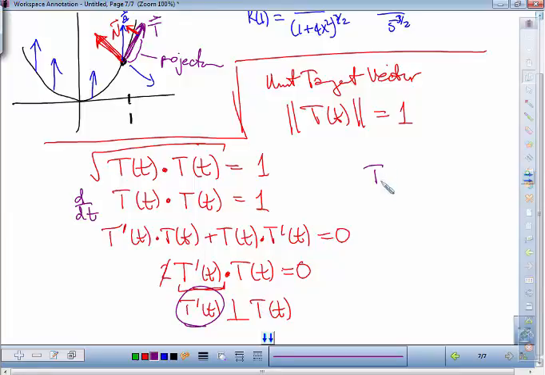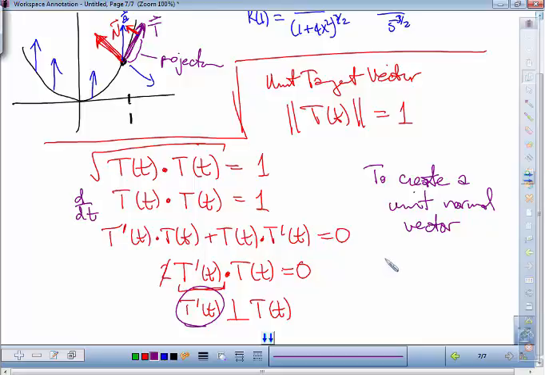So to create a unit normal vector, we can just use T'. But T', when you take the derivative, might not be of unit length anymore. So to just make sure it's unit length, you have to divide by its magnitude.